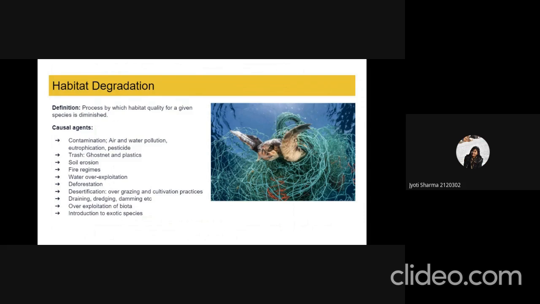In the previous class we talked about succession, and in the water bodies we first have the phytoplankton, suppose. Then we have some sediments in the water body. After the phytoplankton, we had some emerging plants.